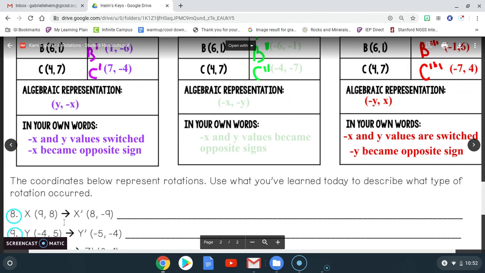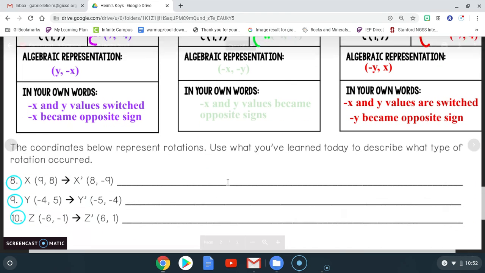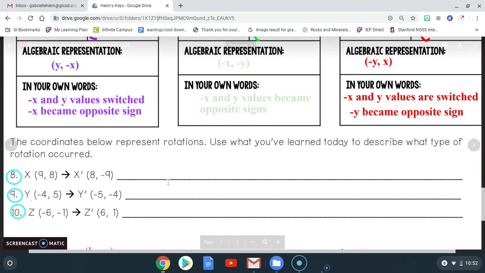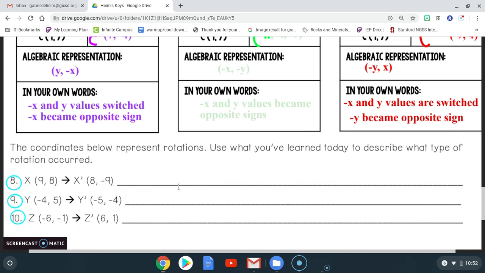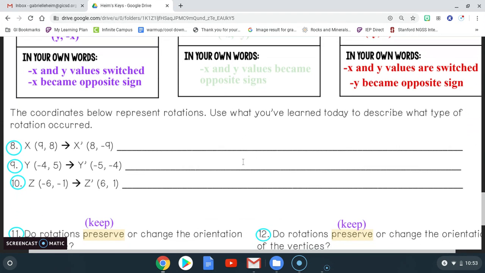Which one had the x and y switch and this value became negative? So what type of turn? You can write the clockwise or counterclockwise term on the line, that's fine. And you're going to do that for each of those, okay? Make sure you include the degrees, because if you just say counterclockwise, that does not help because we don't know how many degrees or how many turns it had to take, okay?